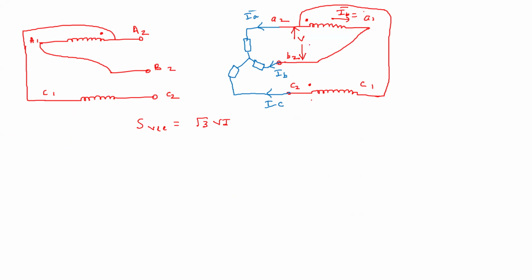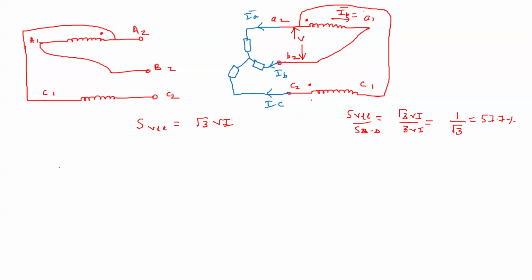So S open delta by S delta delta comes out to be root 3 VI by 3 VI. If we remove one winding, the power comes down by 1 by root 3 times, which is about 57.7%. So if we remove one winding, we save some cost, but there is a power reduction of this much.